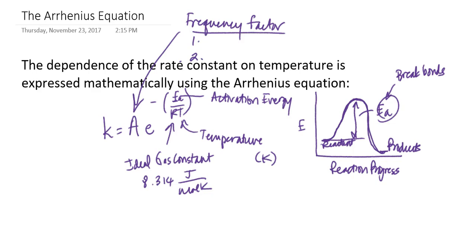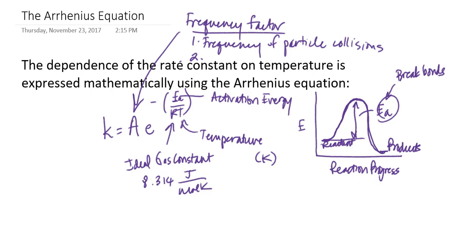The frequency factor has considerations of two factors relative to the chemical system. The first is the frequency of particle collisions. In other words, how often do reactant particles collide with each other? Because the more frequently they collide, the quicker the reaction will probably proceed.